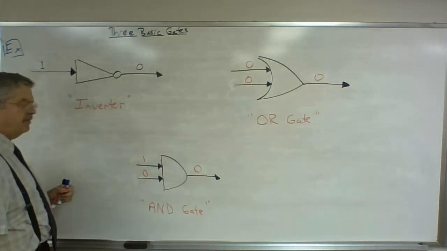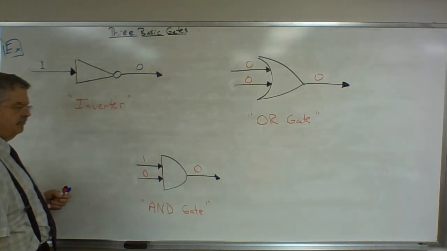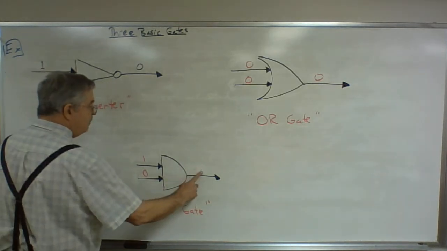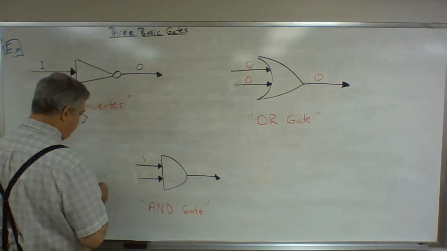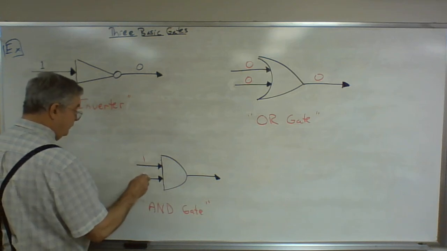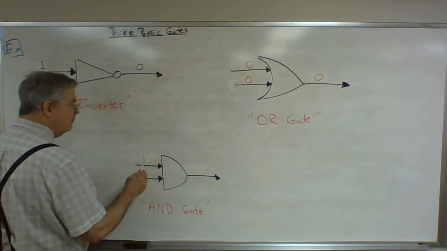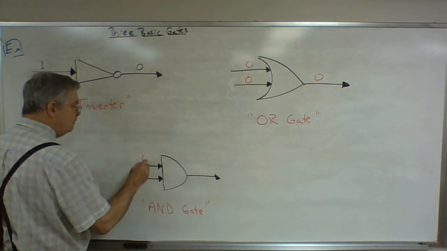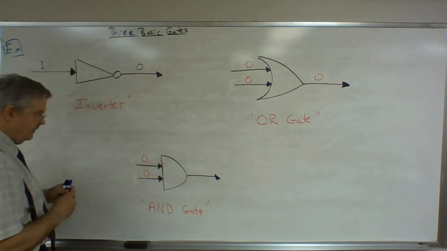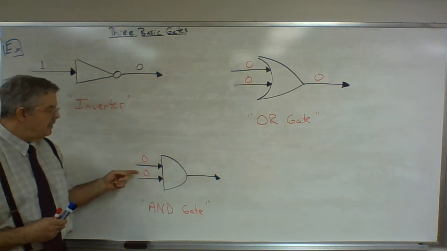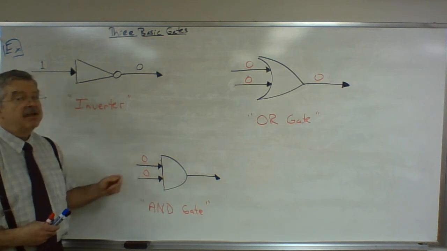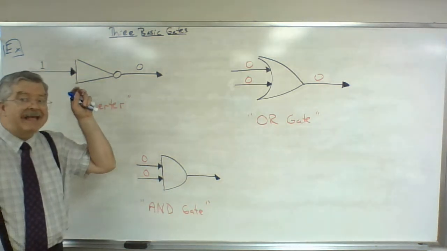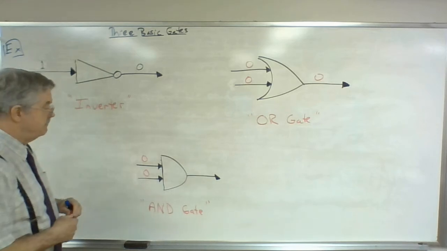Okay, let's try a third case. Let's put in a pair of 0s. So we'll have 0 and 0. If we take 2 zeros and do the AND, what's that going to be?